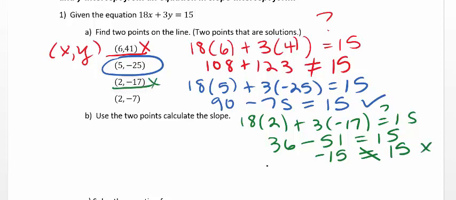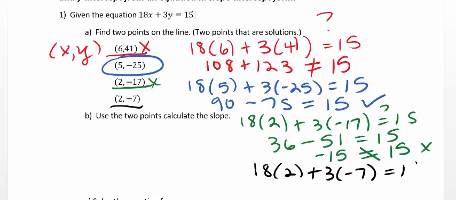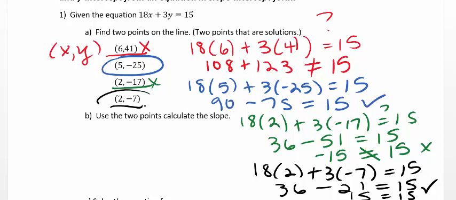We're going to check 2, negative 7. We do 18 times 2 plus 3 times negative 7 and see if that equals 15. 18 times 2 is 36. 3 times negative 7 is negative 21. And 36 minus 21 is 15. So this one checks out. So the 2 points that are on the line are 5, negative 25, and 2, negative 7.